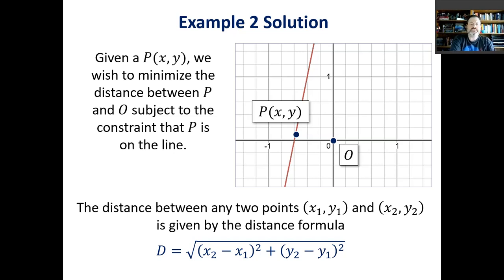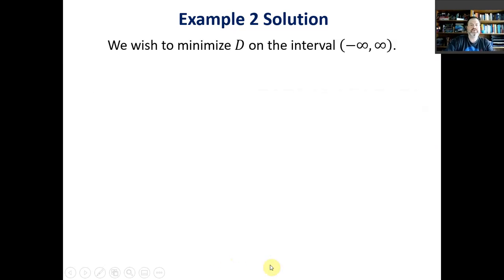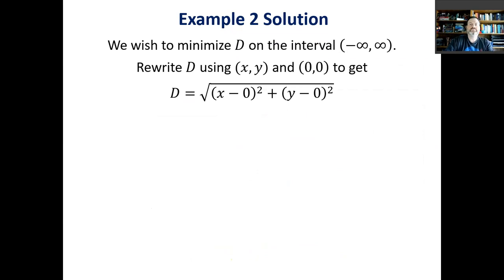So we just use the distance formula, right? The distance between any 2 points, (x1, y1) and (x2, y2), is given by the distance formula. So we can just plug in x, y, and 0, 0 down here. And it simplifies to that, which is pretty nice. But again, I still can't take a derivative, right?